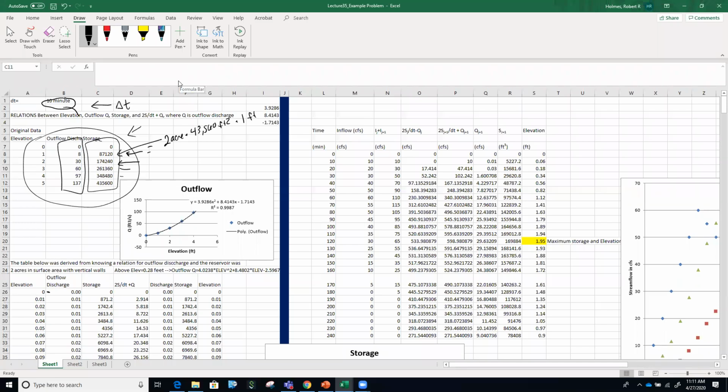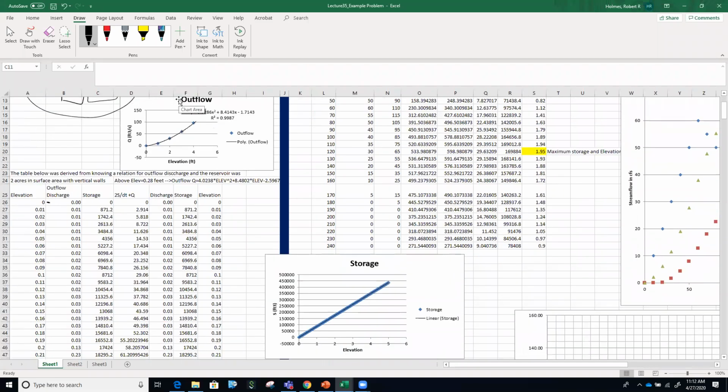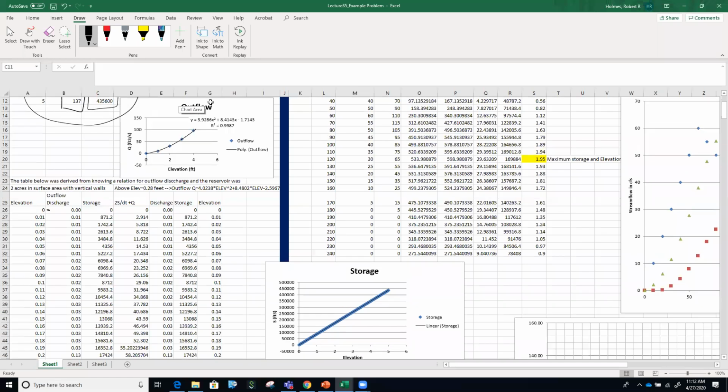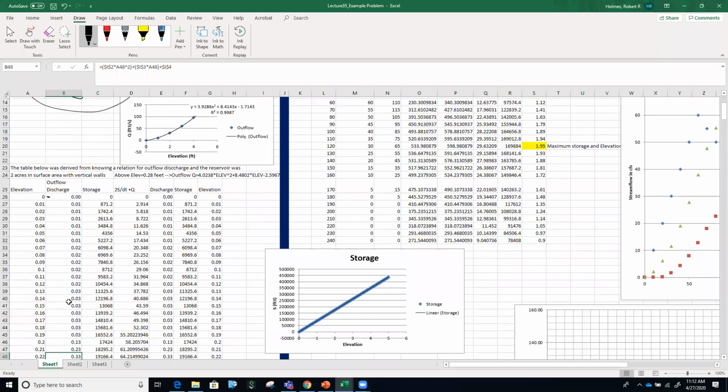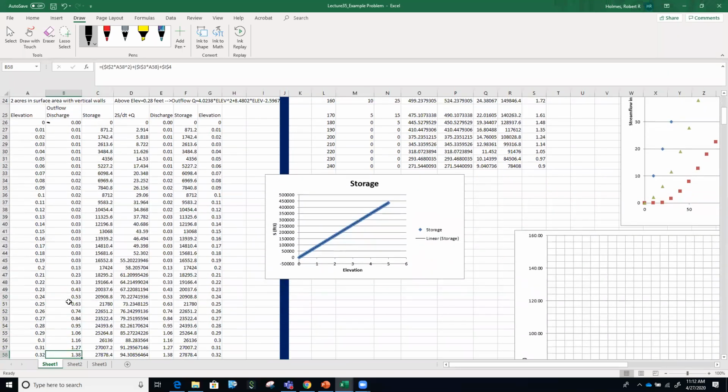All right, so basically we're going to interpolate between where I actually have data points here. And all this outflow discharge is simply an interpolated value between the value of 0 and 1. And here very early on, I had to do some finagling to get this to not be a negative number and make sense at the very lower flow.